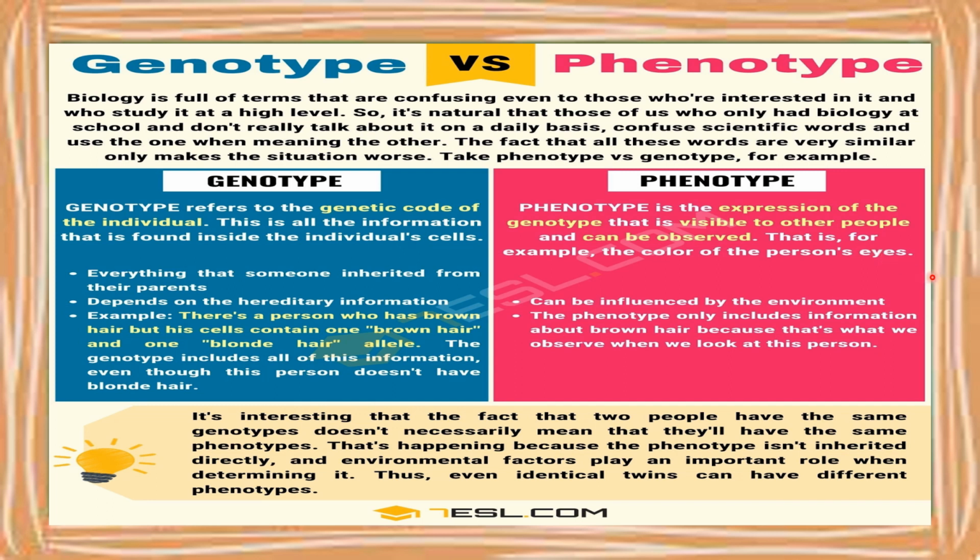While the phenotype, ma-observe nimo, because it is the expression of the genotype. Makita nimo, ma-observe nimo, it can be seen with your own naked eye. So, for example, the color of the person's eye is an example of phenotype. It can be influenced by the environment. The phenotype only includes information about brown hair because that's what we observe when we look at this person.